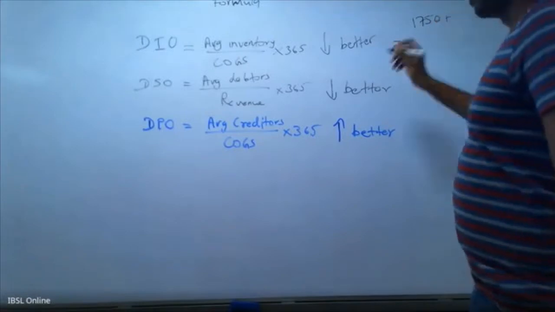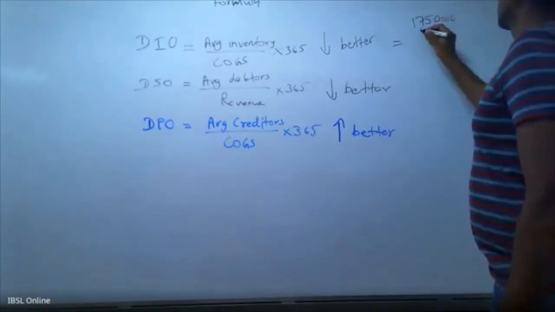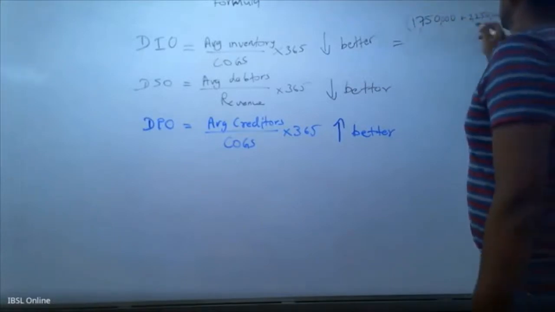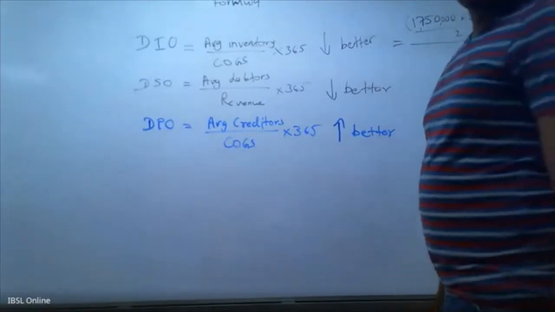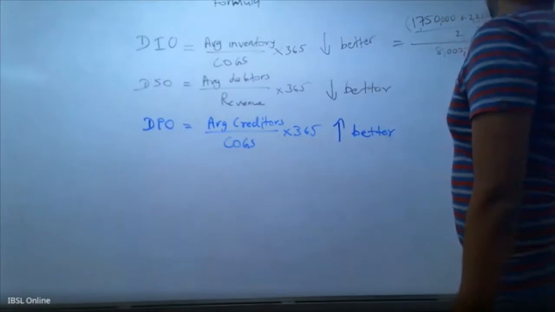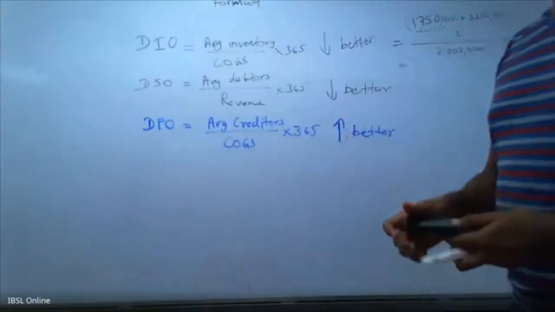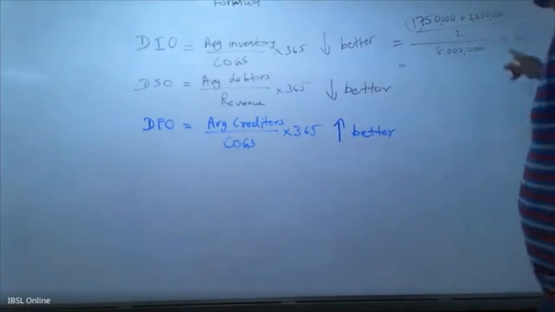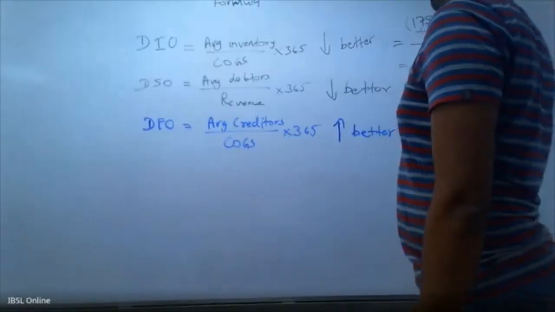Plus, divided by cost of goods sold, 8 million, into 365. So this is average 2 million divided by 8 million is 1/4 of 365, which is 91.25. And you get it in days, 91.25 days.